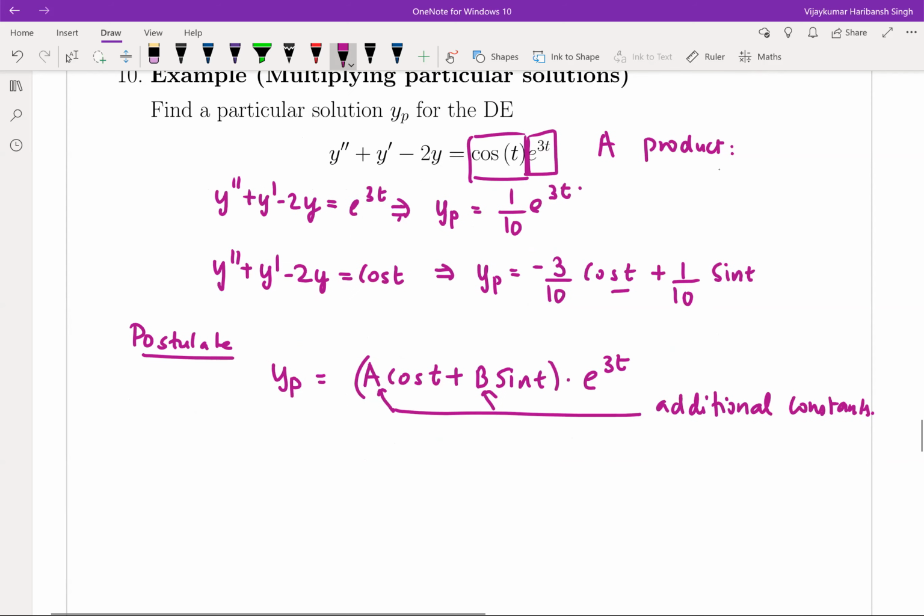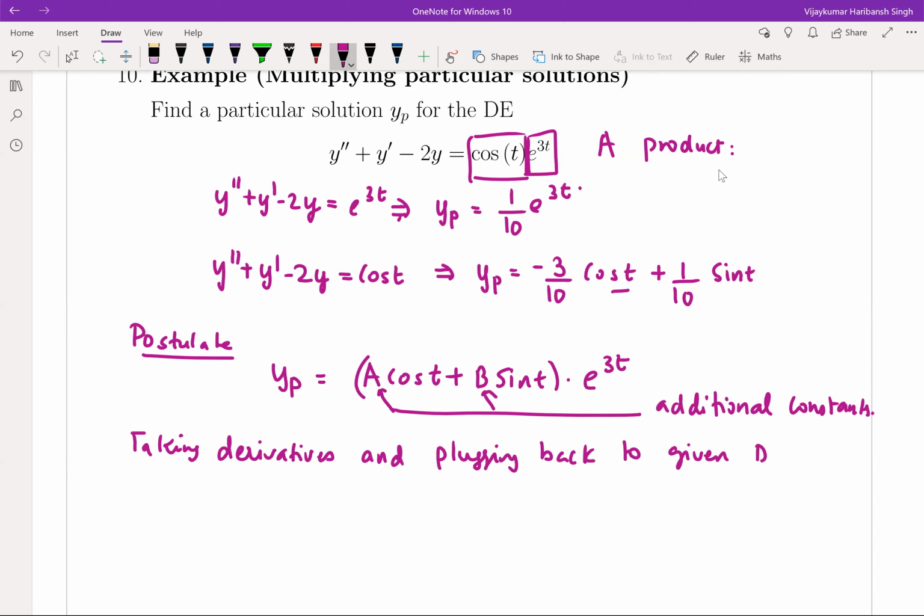So again, we take derivatives and plug back into the given differential equation, and you will see that yp turns out to be 9 by 130 cosine of t plus 7 by 130 sine of t, times e to the power 3t.